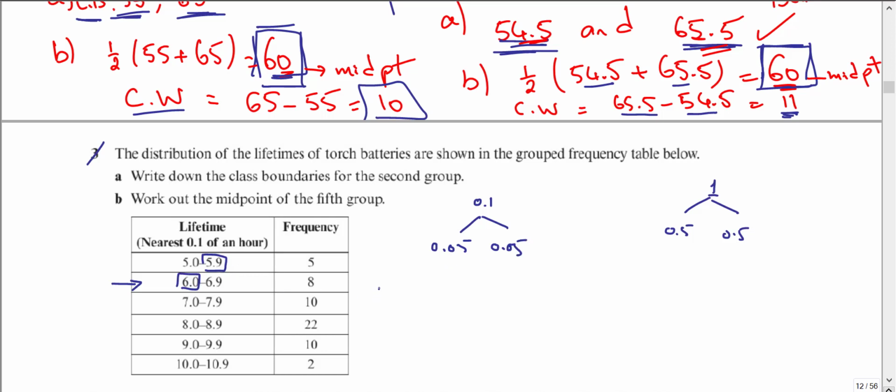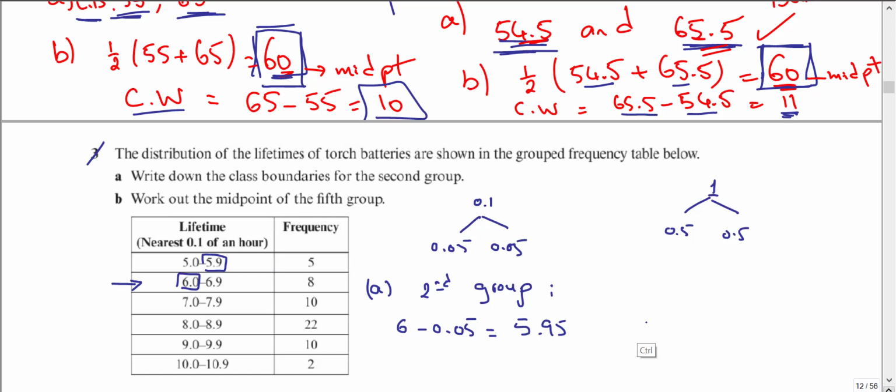Which means the boundaries for the second group will be: subtract 0.05 from 6. So do 6 minus 0.05. This will be what? 5.95. Okay? And at the same time, add 0.05 to the other value.